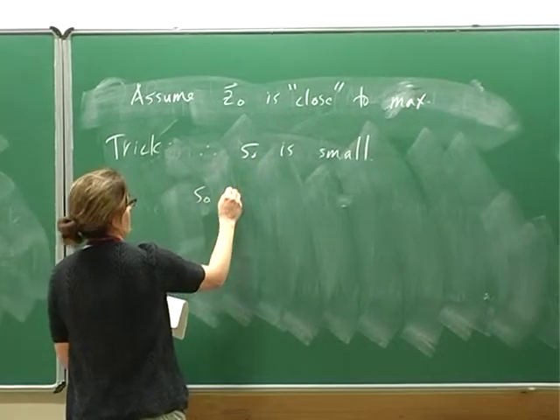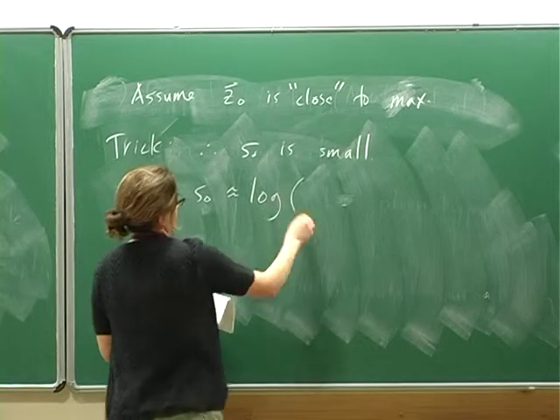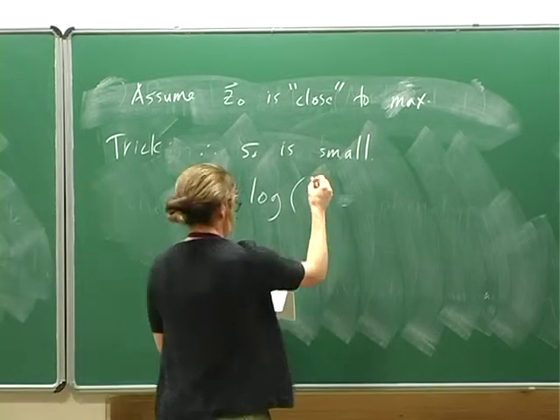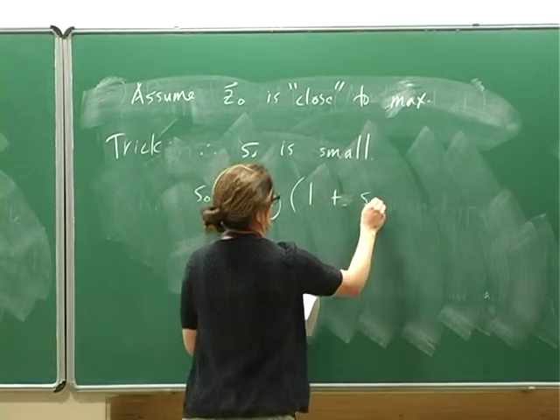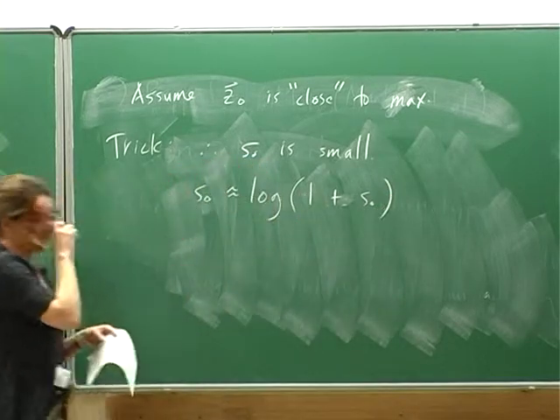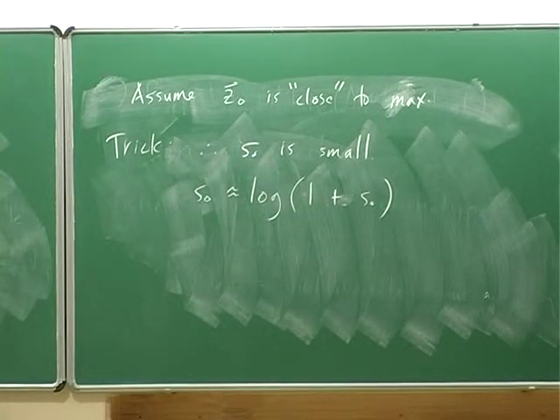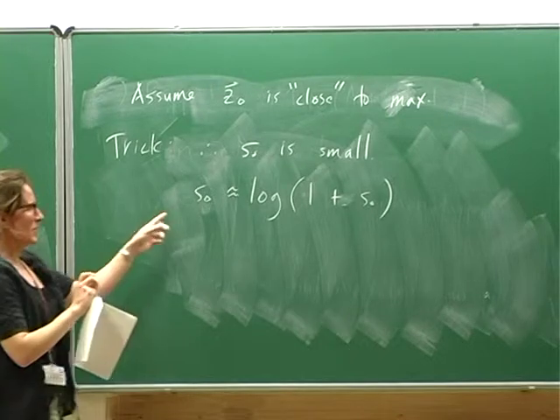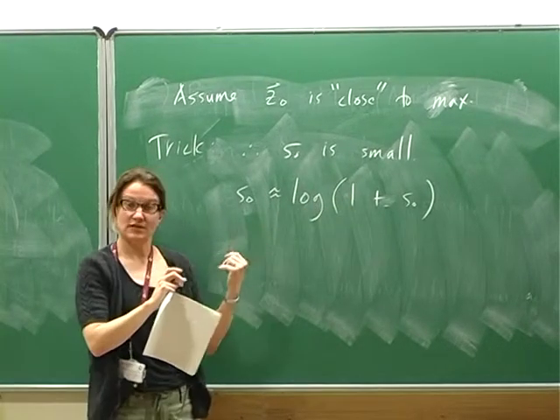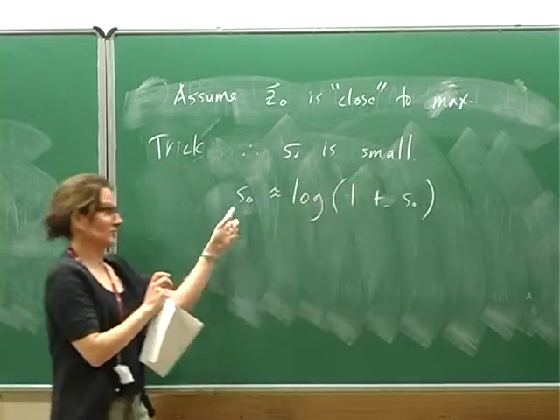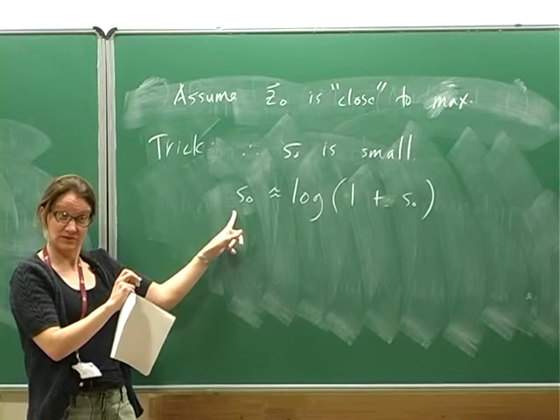And so S0 we can write as a log of 1 plus S0. Right, Taylor expansion. And you think, why would you do the Taylor expansion this way? You usually use Taylor expansions to make complicated things look like simple things, but we're actually doing the reverse.